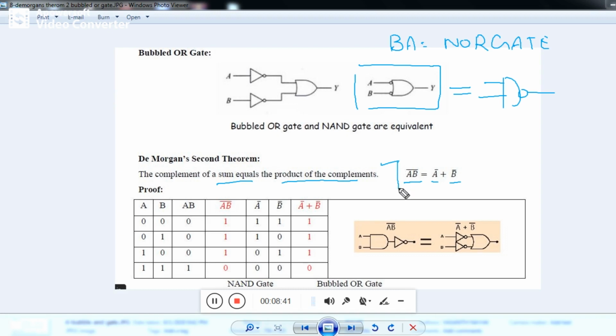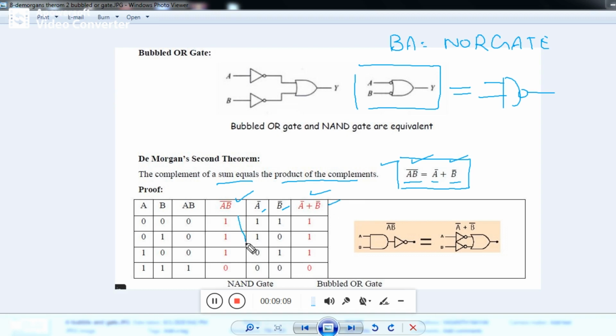We have the equation for De Morgan's second theorem. By taking the inputs, you have to prove that this column is equal to this column. Once again, find AB, then AB bar, that is the left hand side. Then find A bar and B bar, then A bar plus B bar, that is the right hand side.